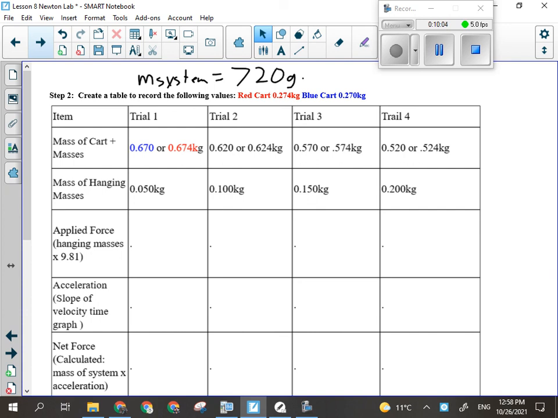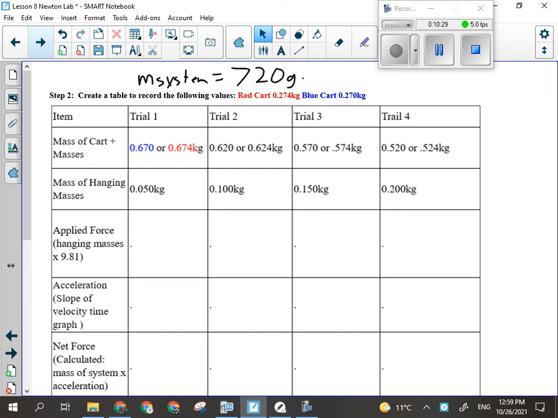As the mass falls off of the pulley, it's only going to apply a force for how long? Exactly. It's only going to apply a force until the other mass hits the ground. So if you make this string really long and the mass can only fall this far before it hits the ground, you're not going to get very much data.